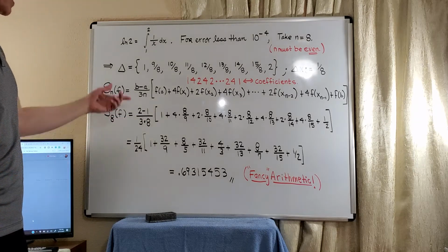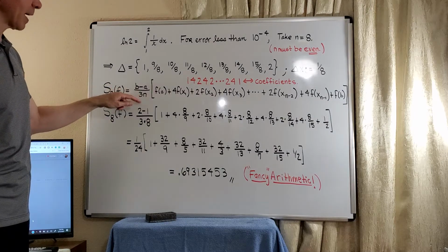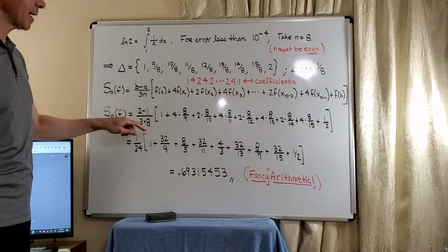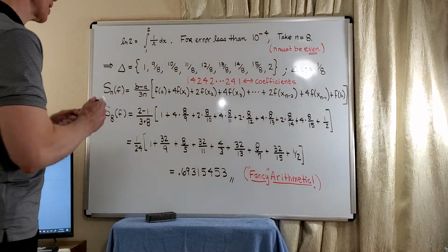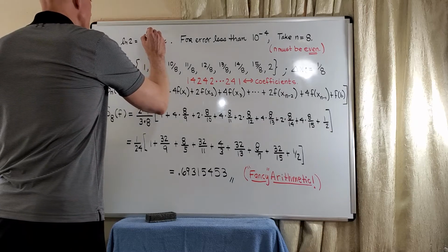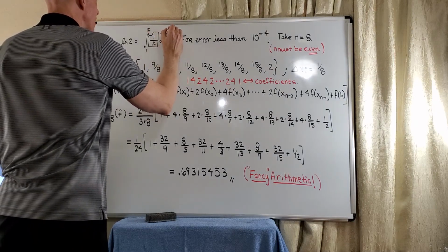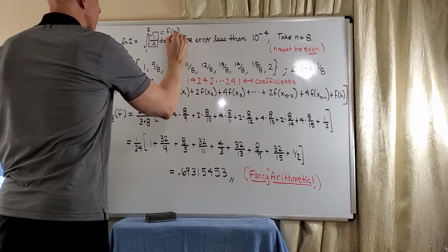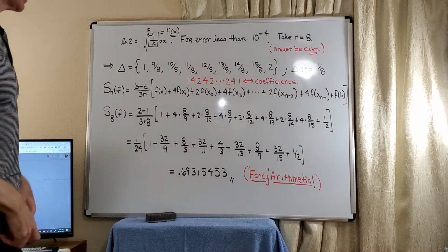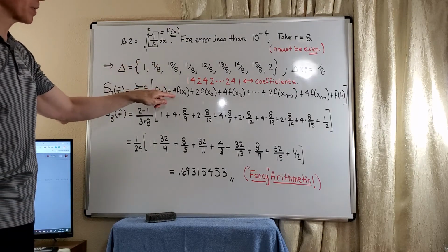So now we can go ahead and substitute here. So b minus a is 2 minus 1. We have the 3, and n is equal to 8. And all we have to do is use our function, in this case, which is just 1 over x right here. So this is our f of x. And so all we have to do here is just reciprocate the elements of the partition, remembering the coefficients.